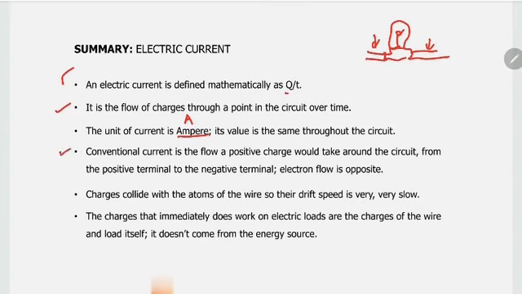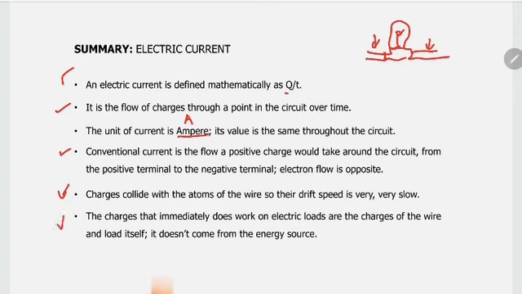There's a convention in the way we see the charges flow throughout the circuit. It's called the conventional direction. It is as if it is the positive charges that are flowing from the positive terminal towards the negative terminal. And then charges will actually collide with the atoms of the wire, making the individual movement slow.